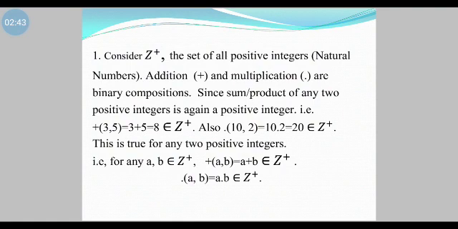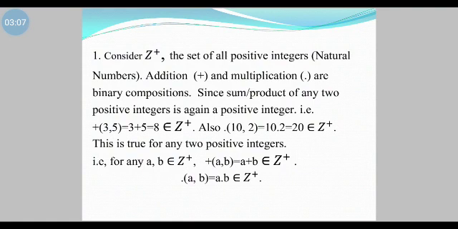For example, if we consider the elements 3 and 5, then plus of (3, 5) is equal to 3 plus 5, which equals 8, and 8 belongs to Z plus. Also, product of (10, 2) is equal to 10 into 2, which is equal to 20. It's again a positive integer.